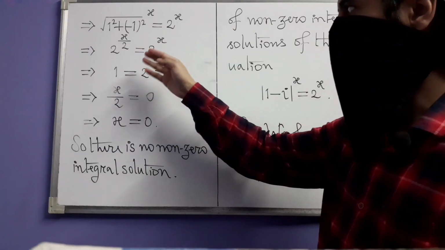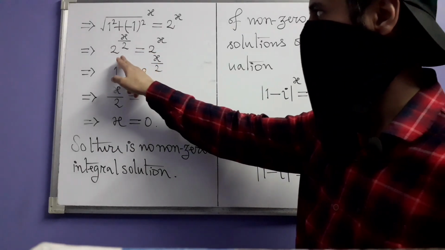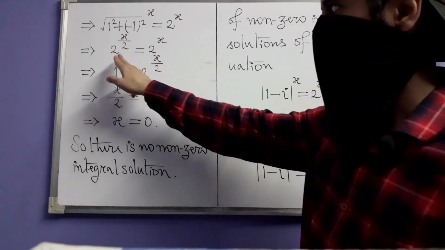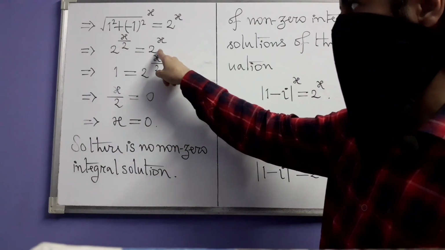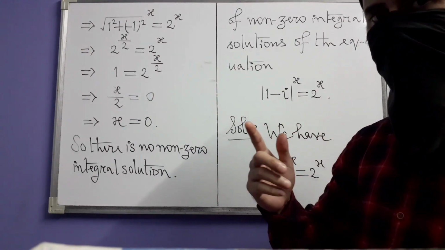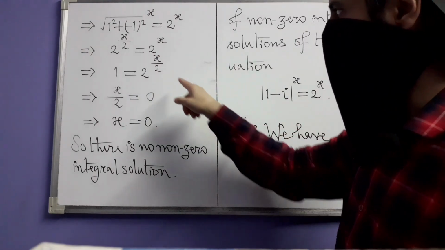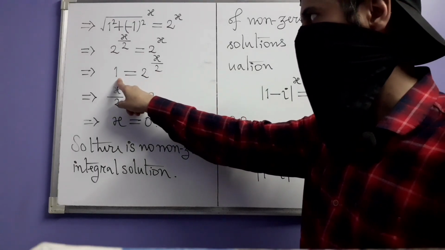And then after using your usual rules of exponents, actually you divide both sides by 2 to the power x over 2, and then 2 to the power minus x over 2 gets multiplied with 2 to the power x and gives you 2 to the power x over 2, which is now equal to 1.